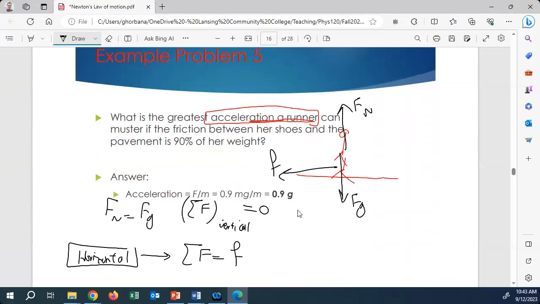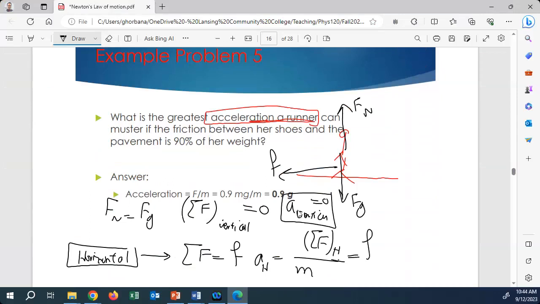Just the friction. So we don't have acceleration in the vertical; the vertical acceleration is 0. The horizontal acceleration is the net force in the horizontal divided by the mass of the person. What is the net force in the horizontal? Friction.